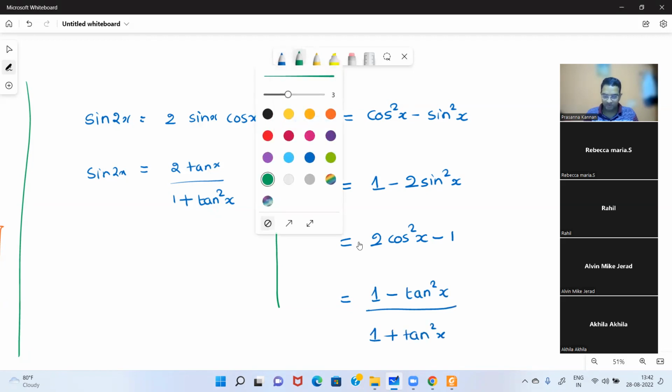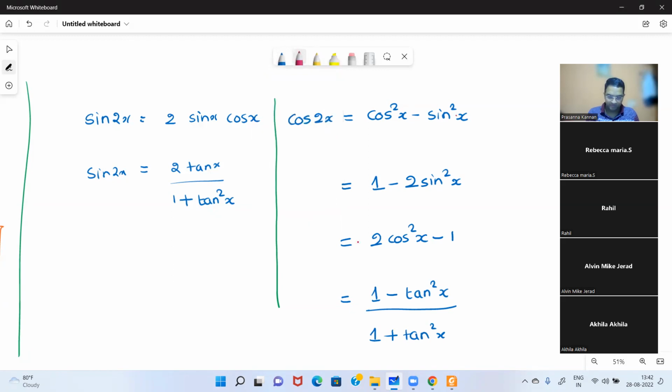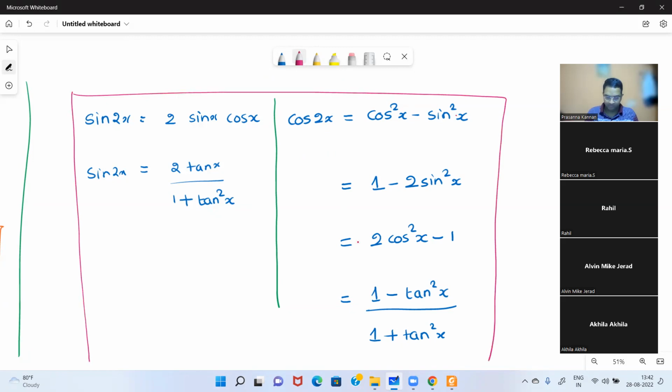Many times you'll use it in different chapters. If you want to write the summary, you can write it down, and then we'll go to the next.